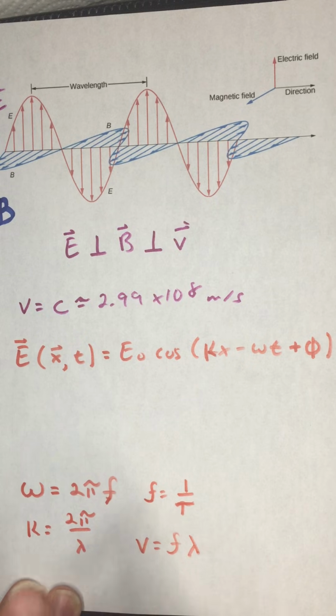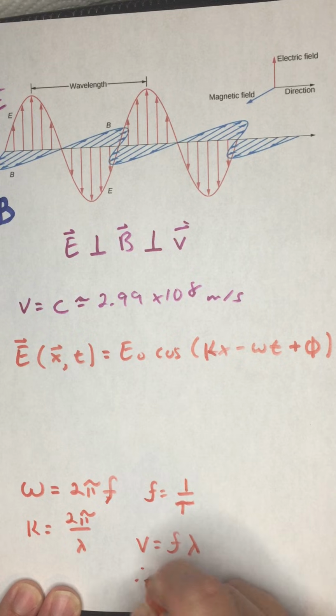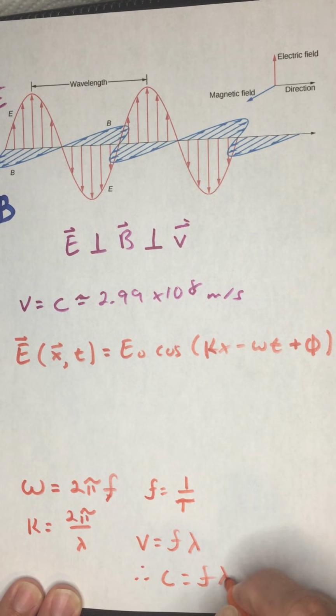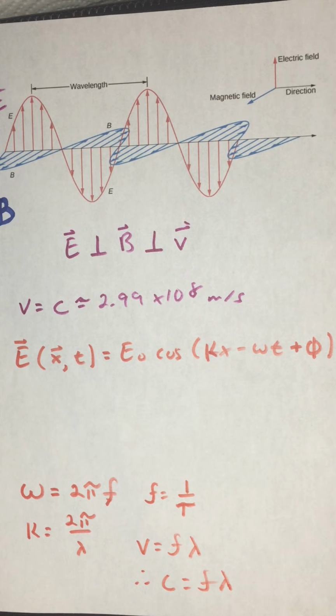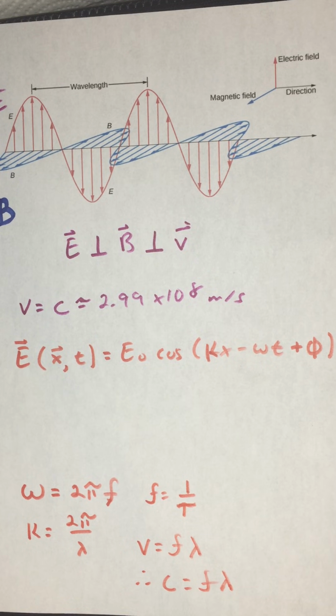In our case, because these are electromagnetic waves, we know what the speed is. So c is equal to f lambda for any electromagnetic wave that is traveling in vacuum. We're going to see in the next chapter that the speed of light can slow down if you're not traveling in vacuum. But for this case, we're going to imagine we're traveling in vacuum or air, and the speed of the wave is c equal to f lambda.